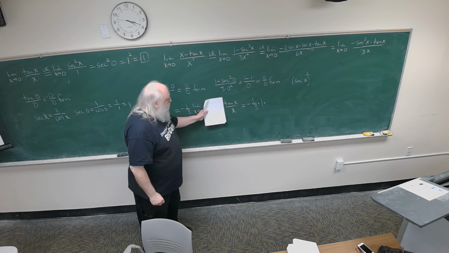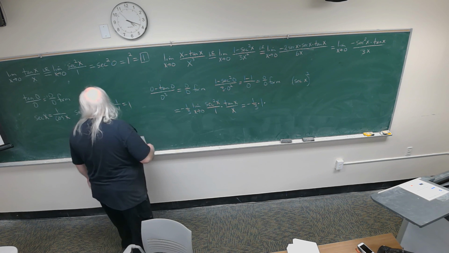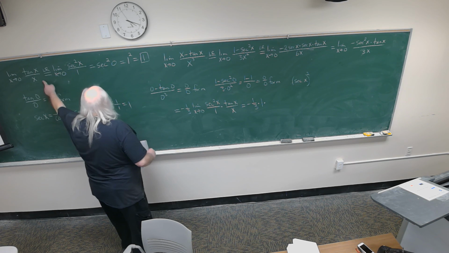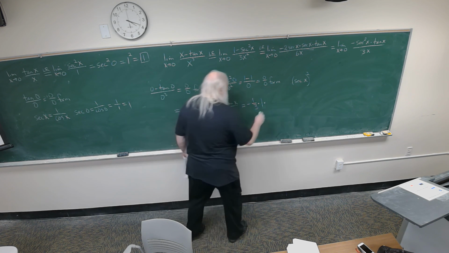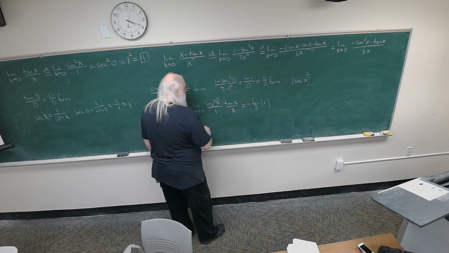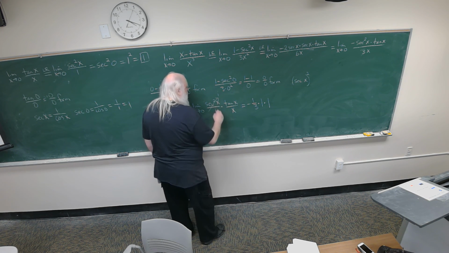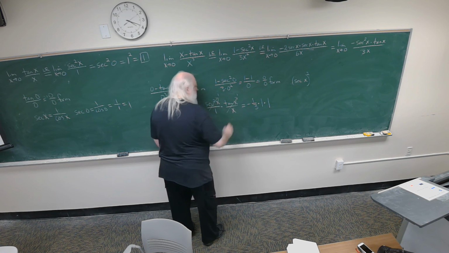And as x approaches 0, tangent x over x approaches 1. So secant squared x goes to 1, and tangent x over x goes to 1.